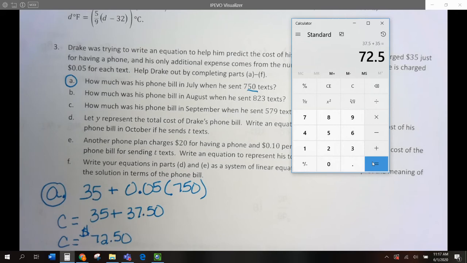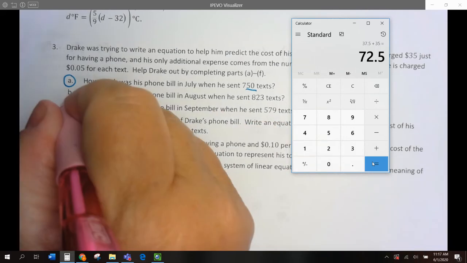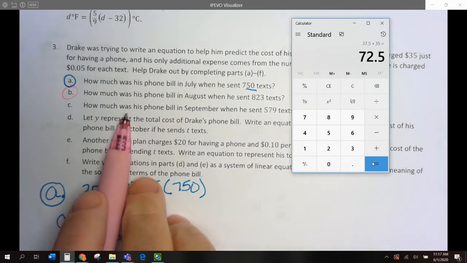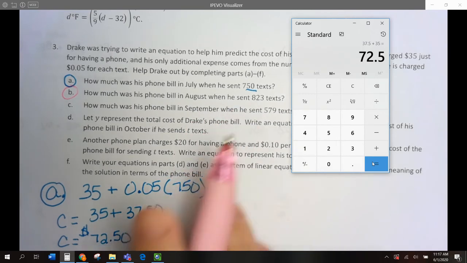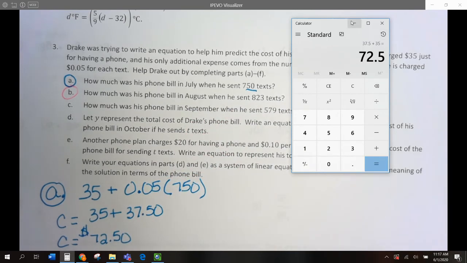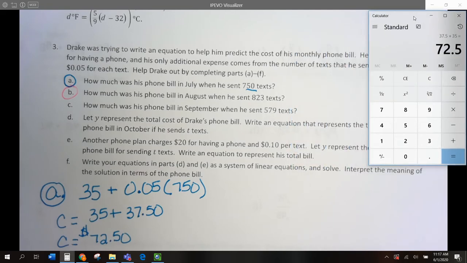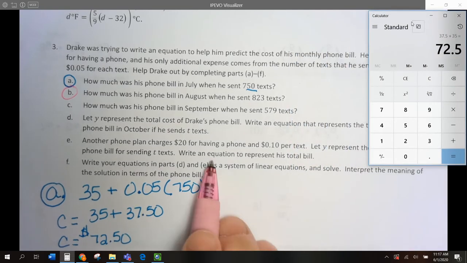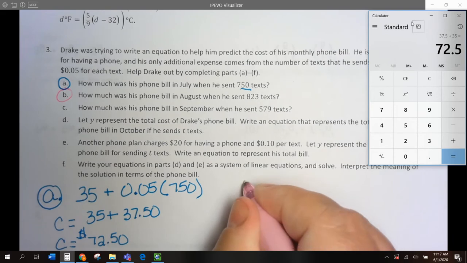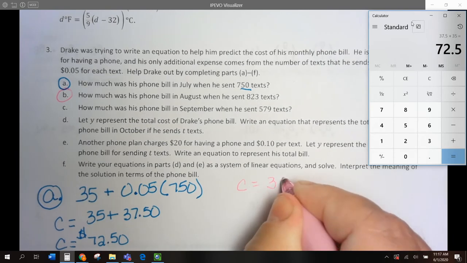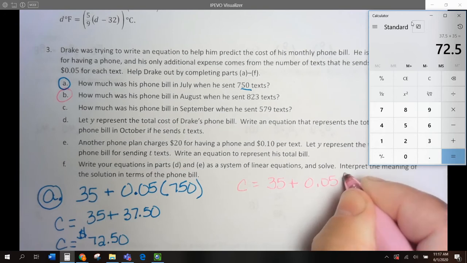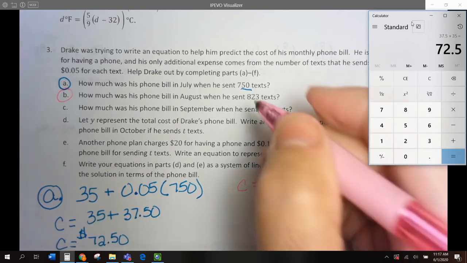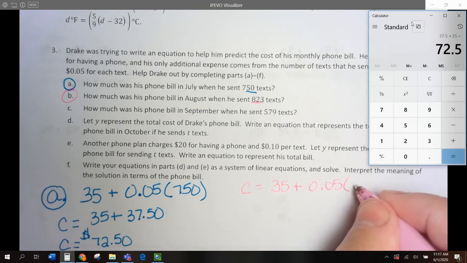Let's go to B. How much was his phone bill in August when he sent 823 texts? So he sent 823 texts. So his total cost is going to be the $35 plus the 5 cents for his 823 texts.